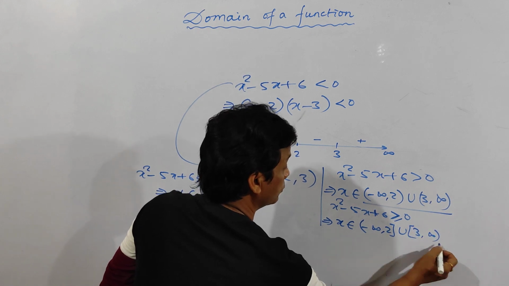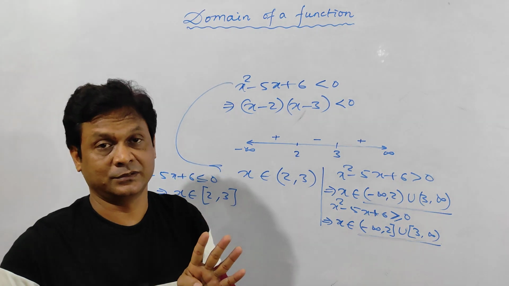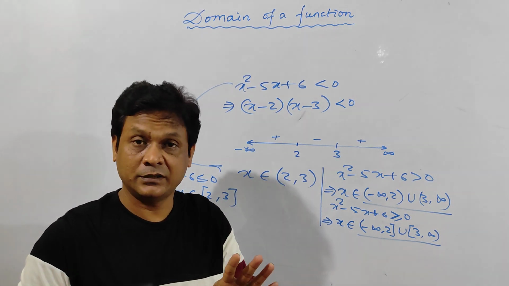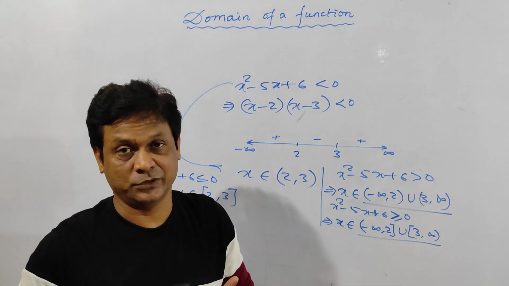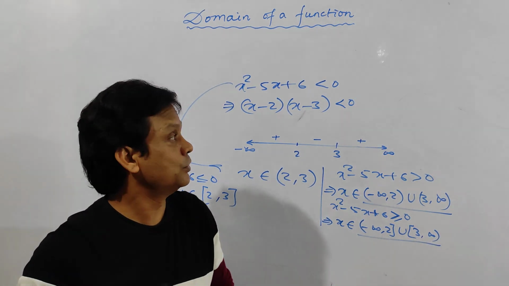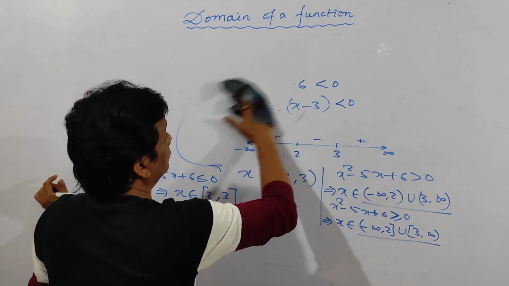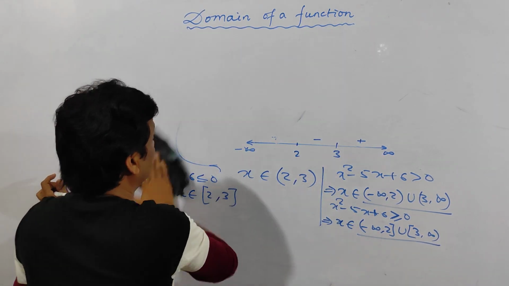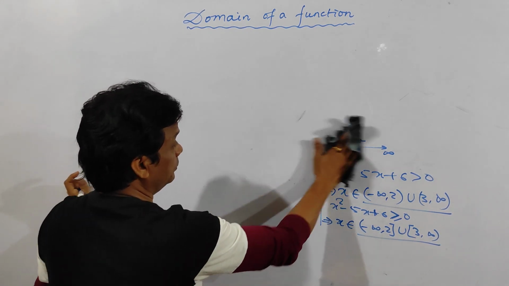This is your answer. I have told you 4 cases: less than, greater than, less or equal to, greater or equal to. Clear? So these are the 4 cases. You have to know these things.